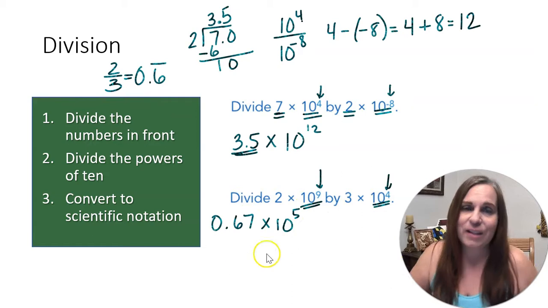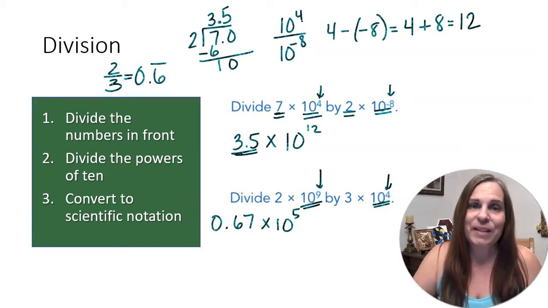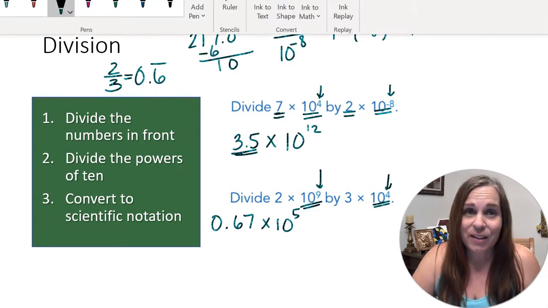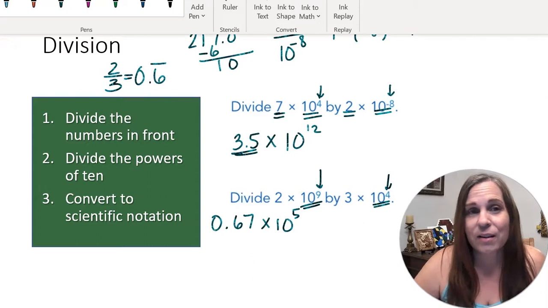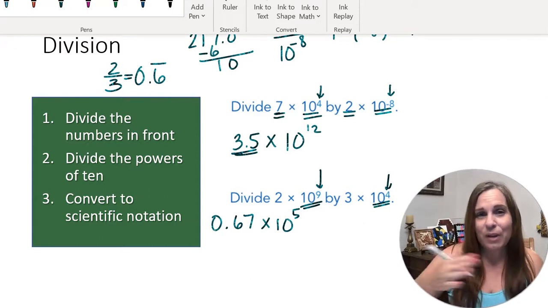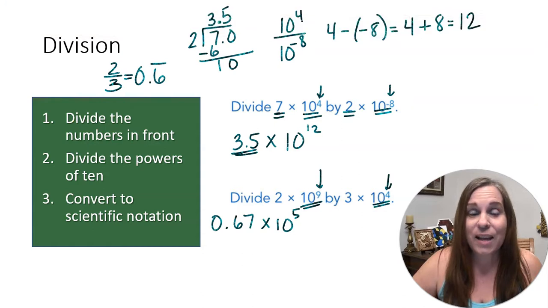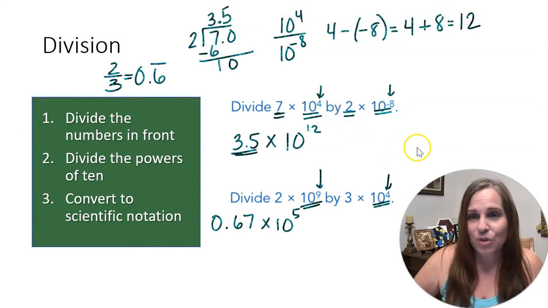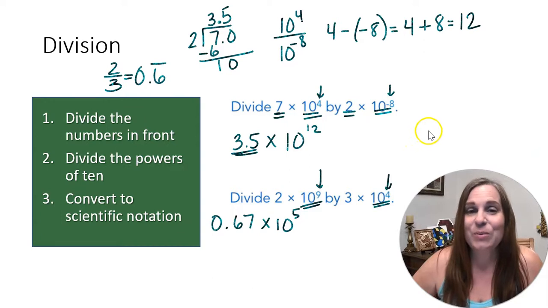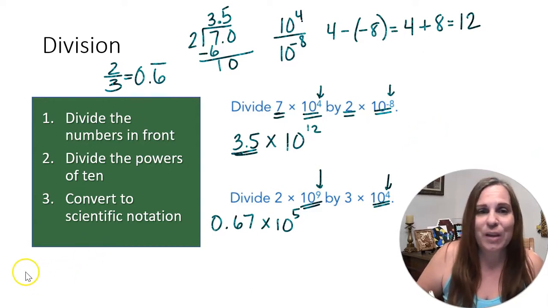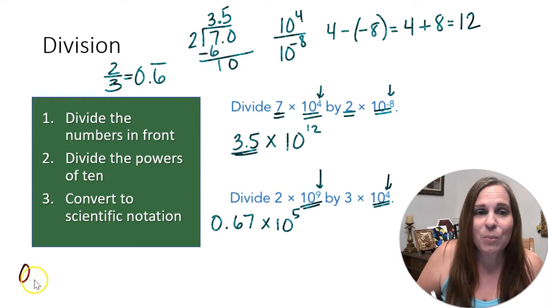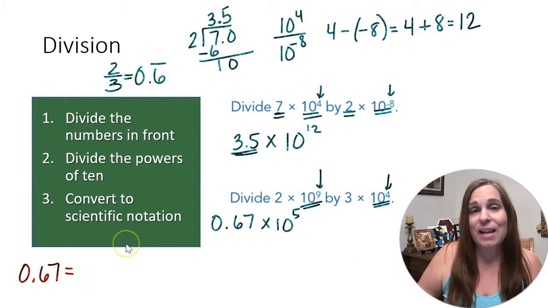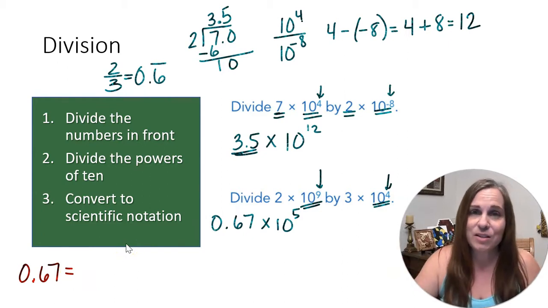Now we have this issue again of this number not being in scientific notation because 0.67 is smaller than 1, so it's not in that range of being between 1 and 10, which is what we need. So we have to put it in scientific notation first. So let's do that over here. 0.67, the first step to putting it in scientific notation is place the decimal so that it's a number from 1 to 10.